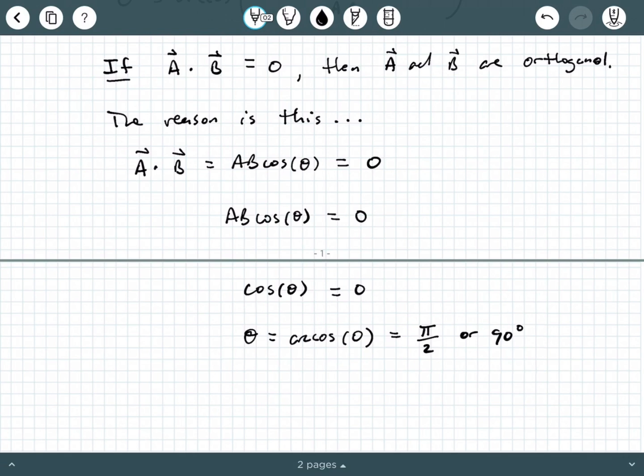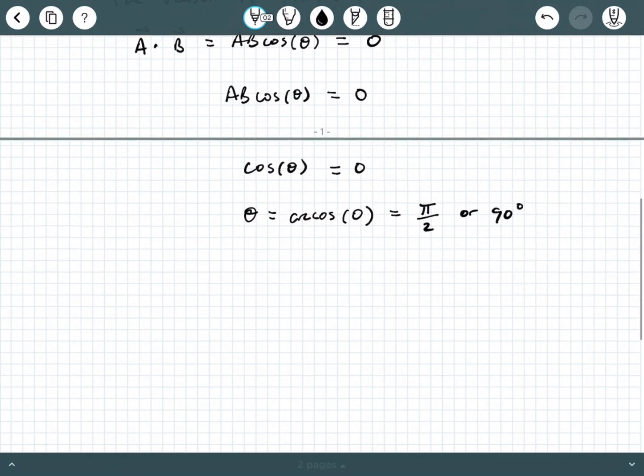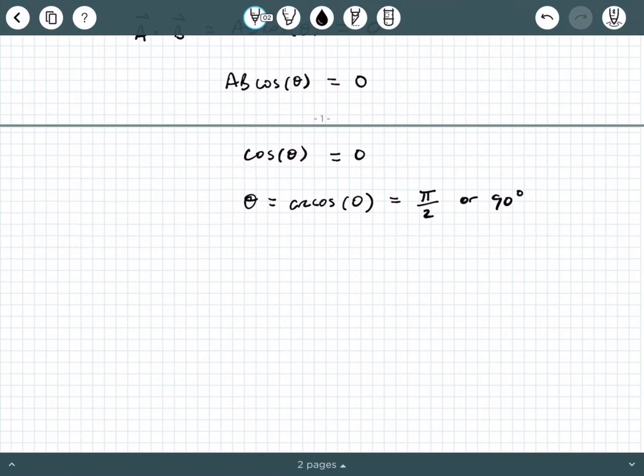Okay, so that's another piece of useful information that the dot product can illuminate for us for specific problems. Okay, so let's summarize the laws of operation of the dot product. The first law is called the commutative law.